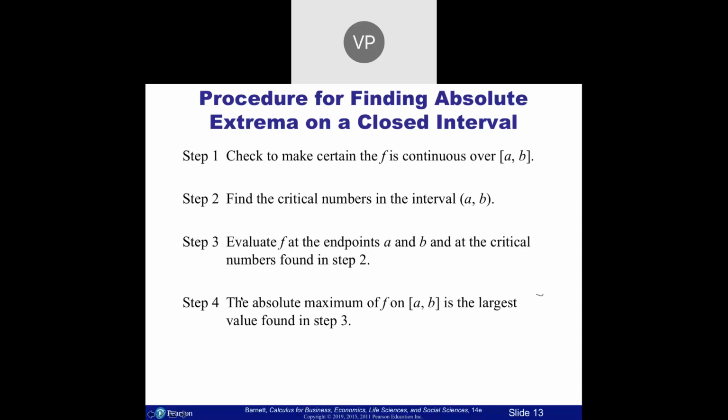And the critical values too. You're going to check all of the critical values, plug those into the function, plug in the endpoints, and then whoever's the biggest y value is the absolute max. Whoever's the smallest y value is the absolute min.